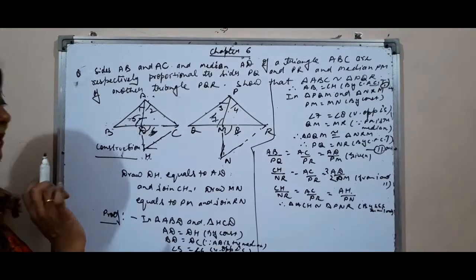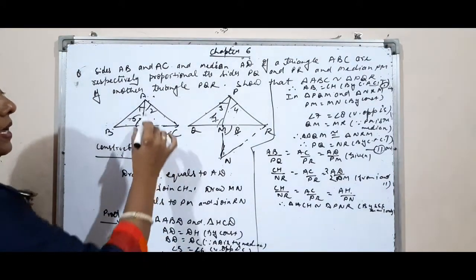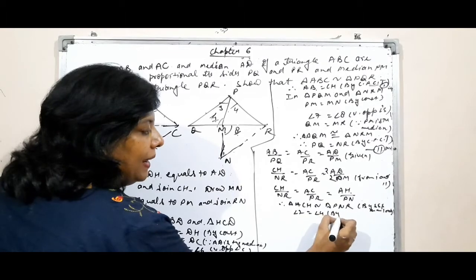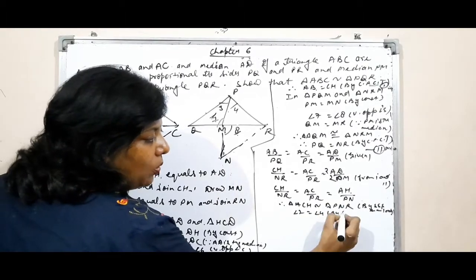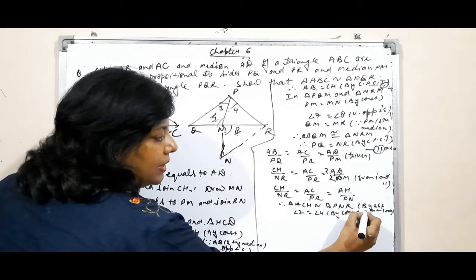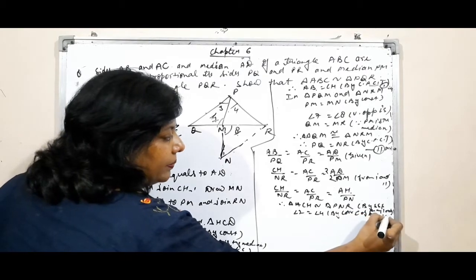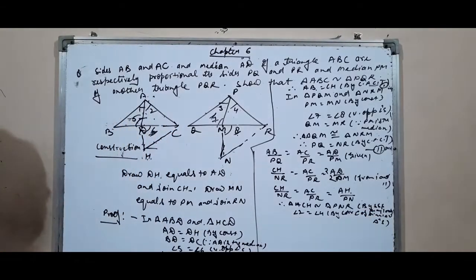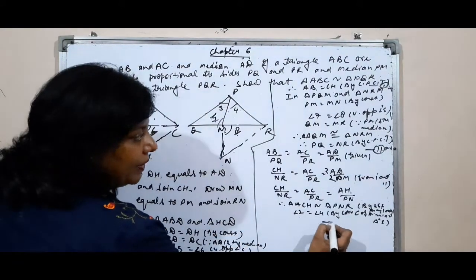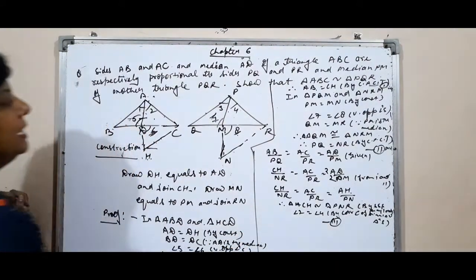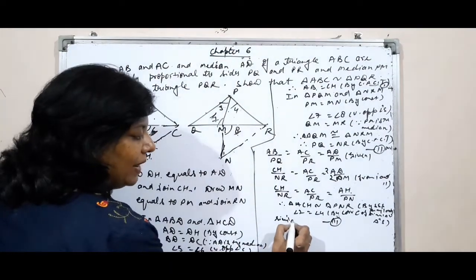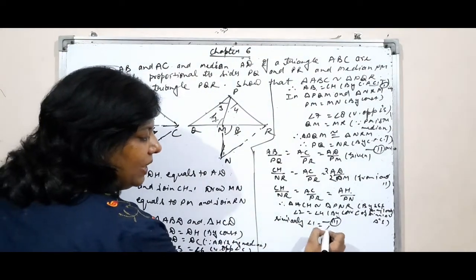जब ये दोनों triangles similar हैं बेटे, तो angle 2 equals to angle 4 by corresponding angles of similar triangles. Angle 2 equals to angle 4. Similarly, suppose it is your equation 3. Similarly, angle 1 equals to angle 3.